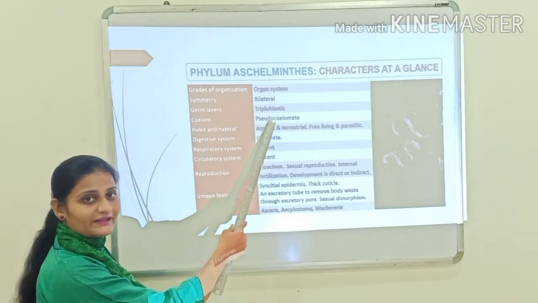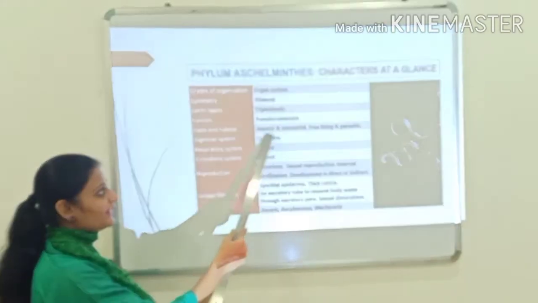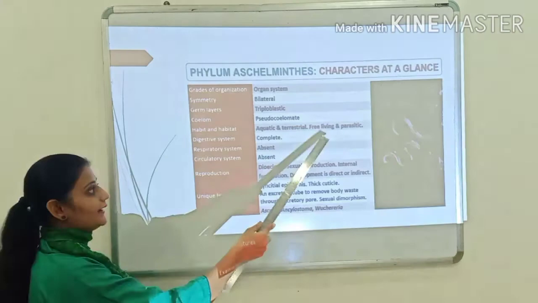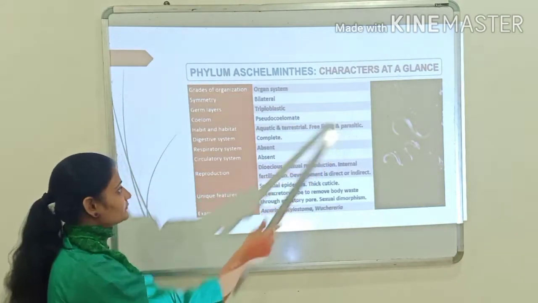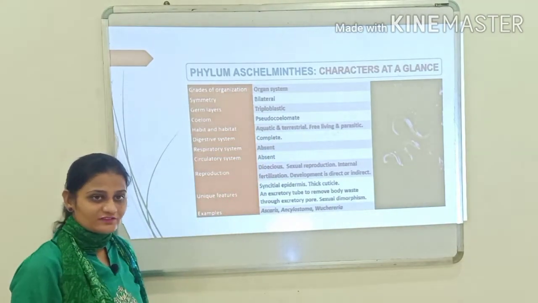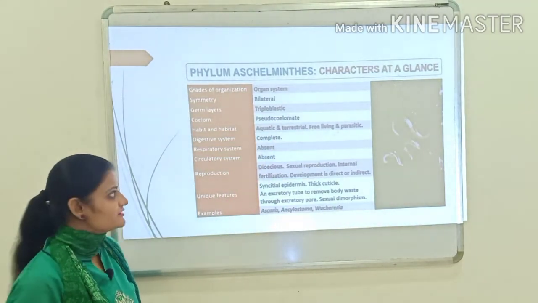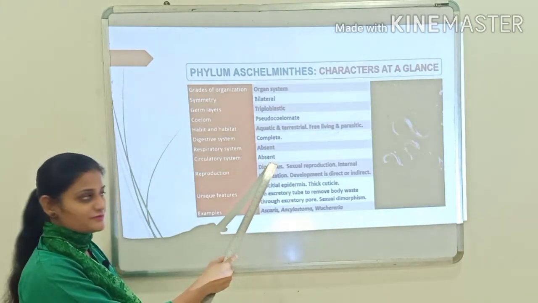They do not have a true body cavity, but they have a false coelom. They are found in water as well as on land, and they are free living or they may be parasitic also. They have a complete digestive system with two openings, one is the mouth and the other is the anus. Respiratory and circulatory systems are absent.